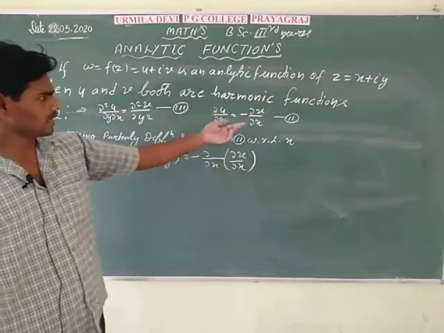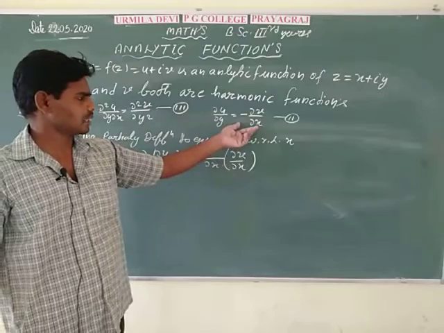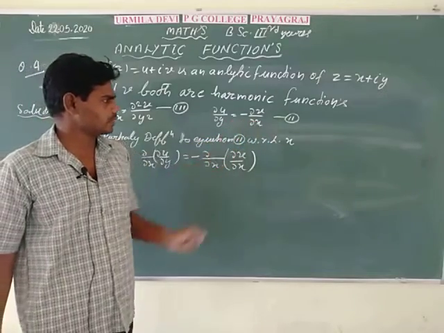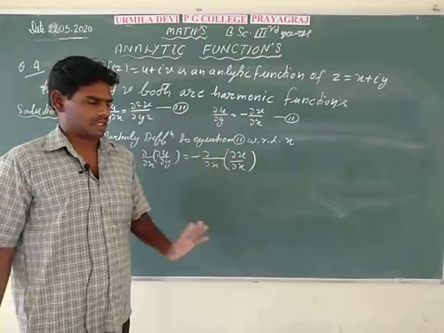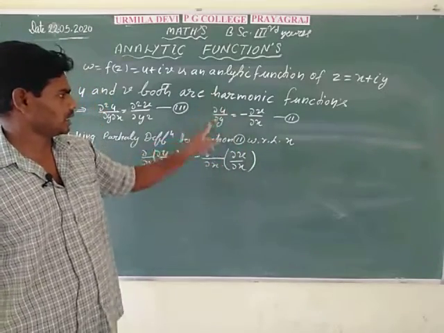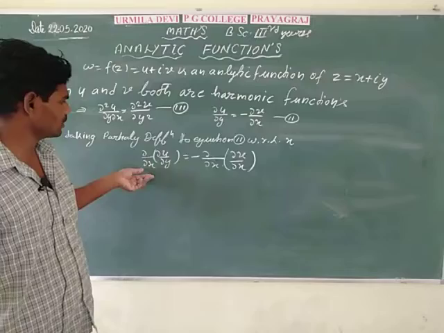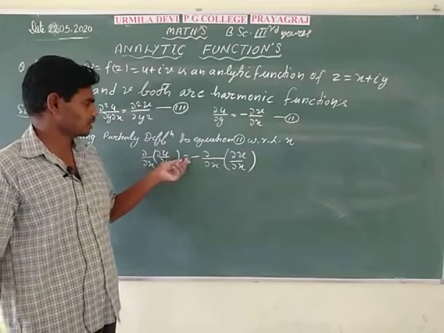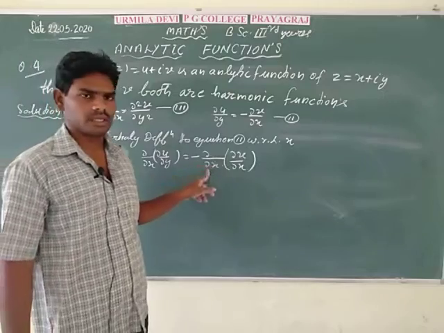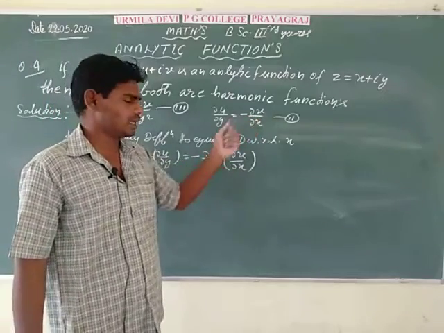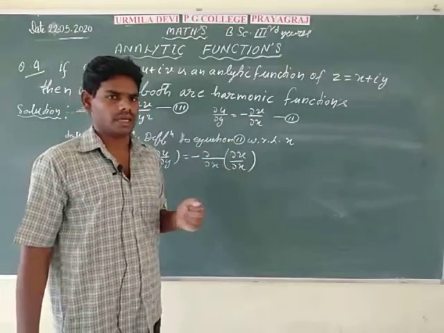Here in CR equation second, taking partial differentiation with respect to x. So on the left-hand side write del by del x of del u by del y is equal to minus, and on the right-hand side taking partial differentiation of del v by del x with respect to x.